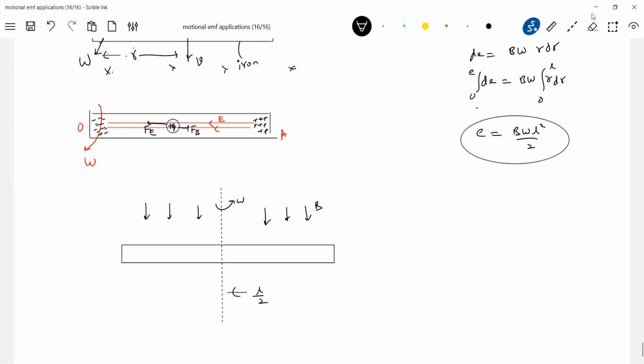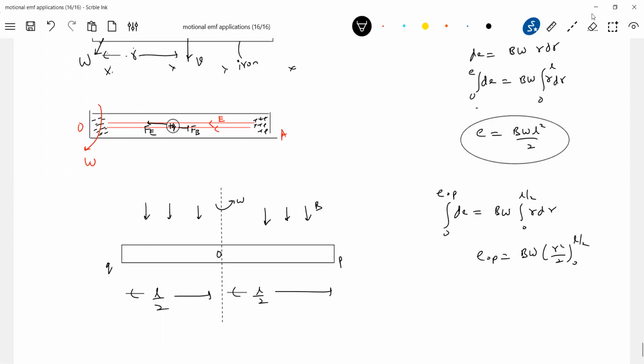So let the length of the rod be L. This is the point O, P, and let this be Q. What should be the limit you are going to write? Take it like this, B omega R dR from 0 to L by 2. So then the EMF induced in the rod OP, what is E_OP equal to? B omega R squared by 2, from 0 to L by 2.